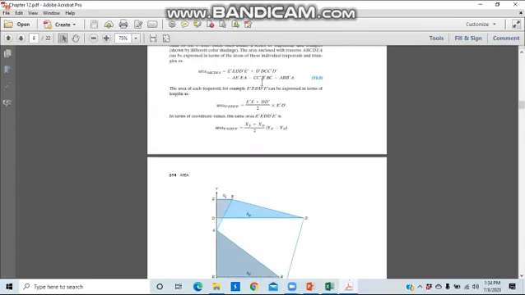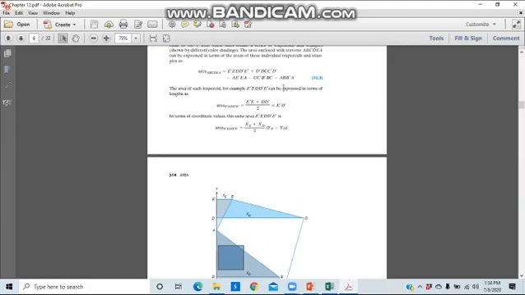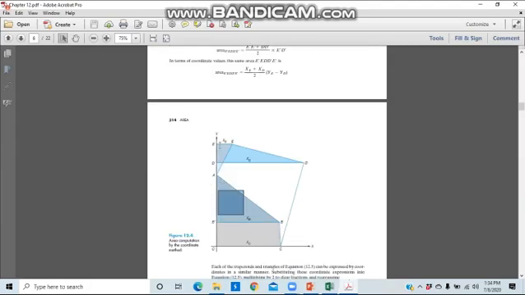Minus C, C dash B dash B, C, so we subtract this area. We will also subtract this triangle, minus A, B, B dash A.